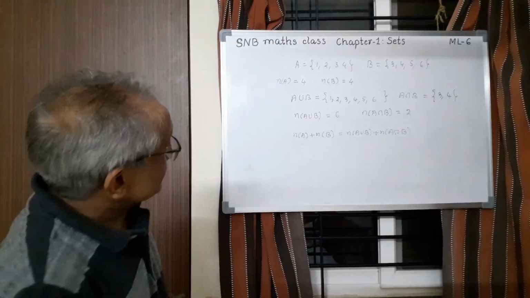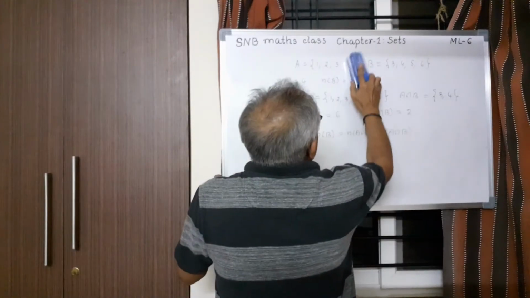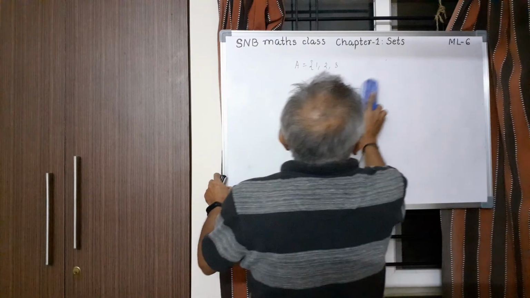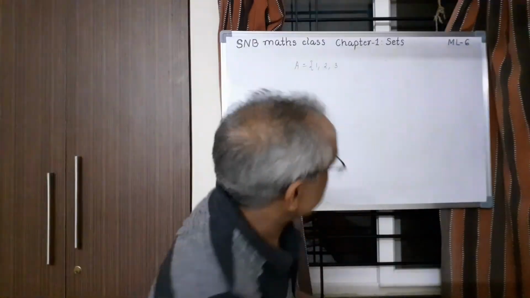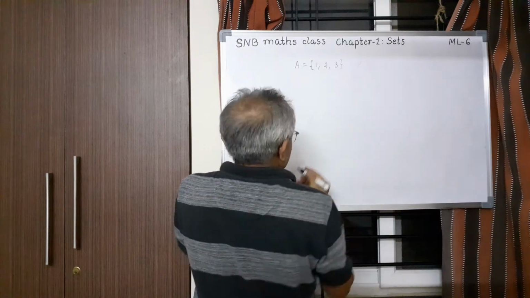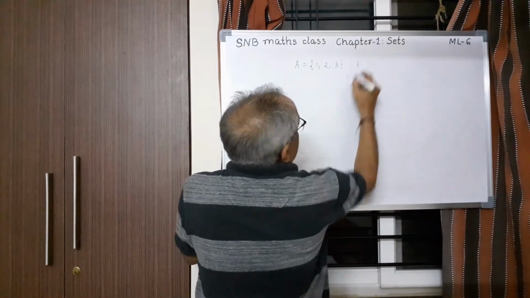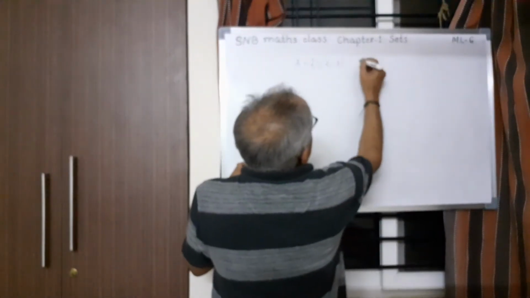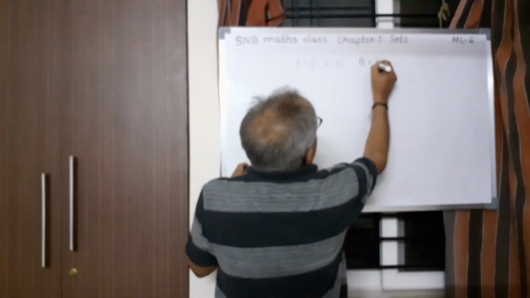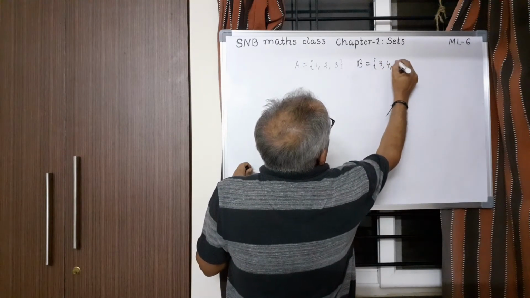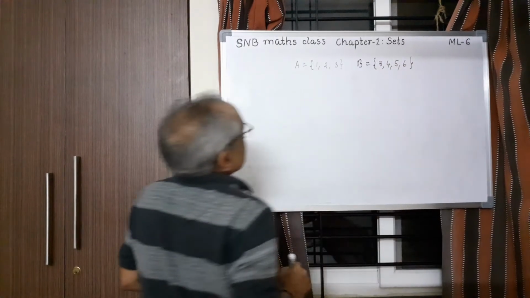Let me check whether it is correct for any other. Let me take, for example, I will change the set: A equal to 1, 2, 3. Here 3 only. Let me take B equal to, say, 3, 4, 5, 6.